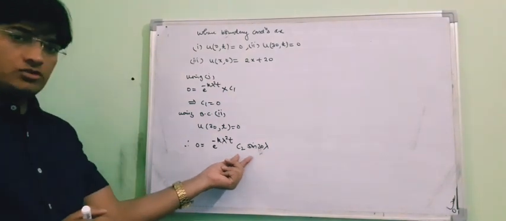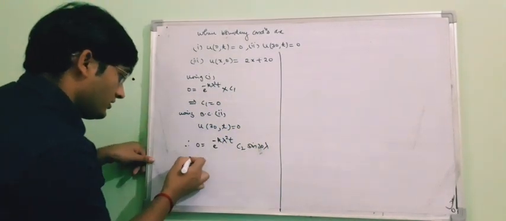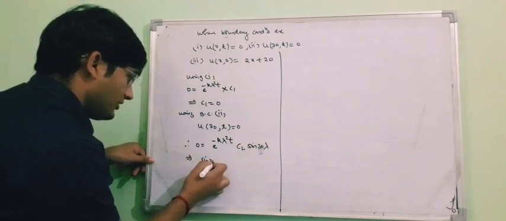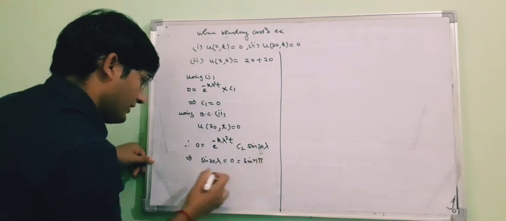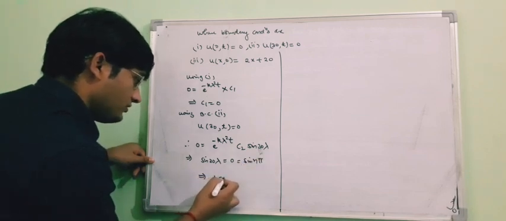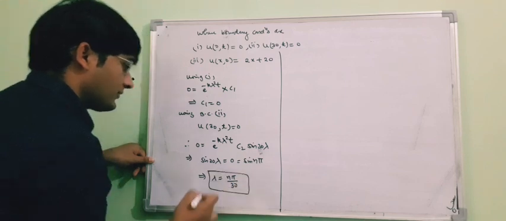Now C2 cannot be 0, otherwise your temperature will be 0. So sin 30 lambda equal to 0, and 0 means sin n pi. So your lambda is equal to n pi upon 30.